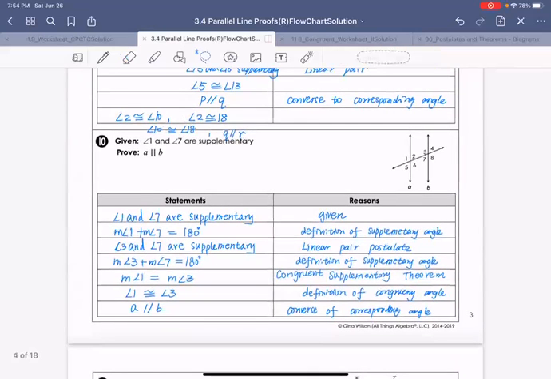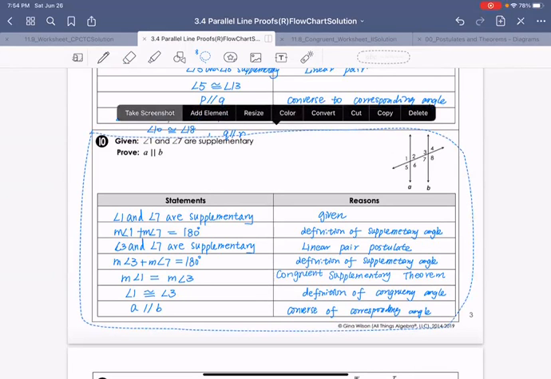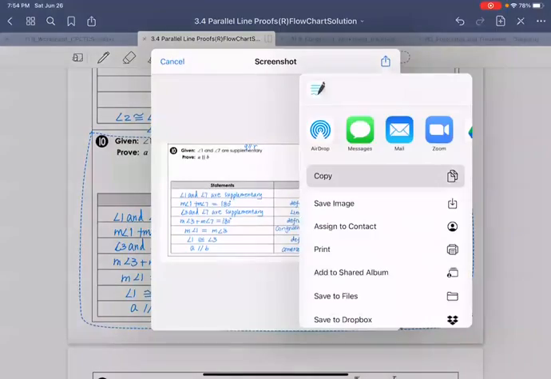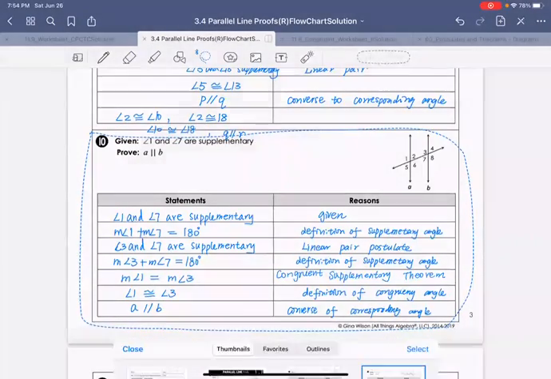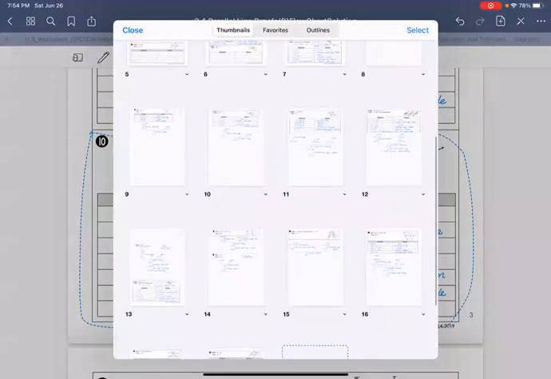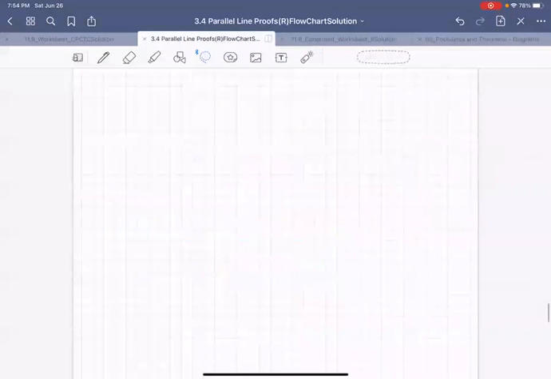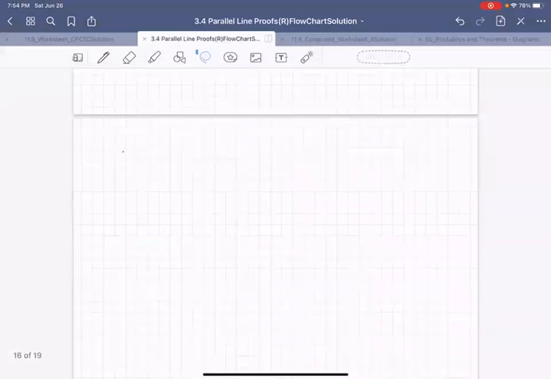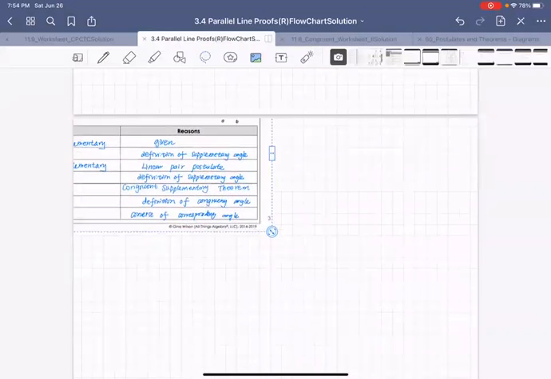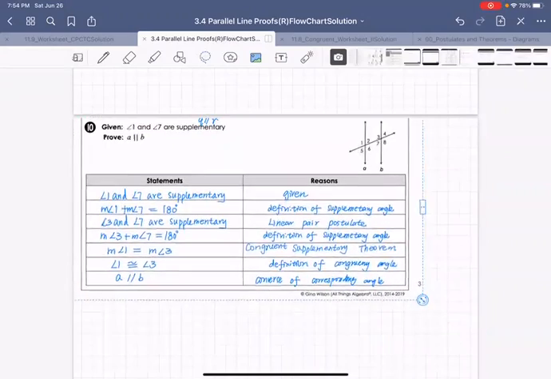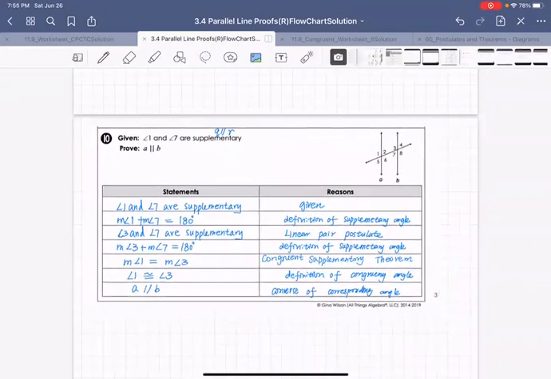Okay, this is number 10. Alan, and let's do number 10, okay?